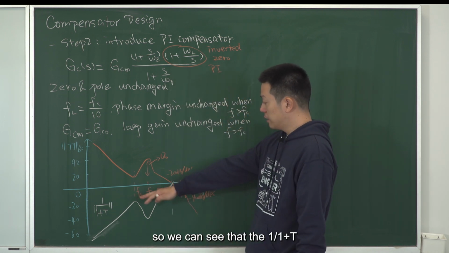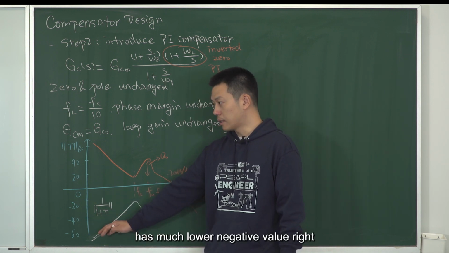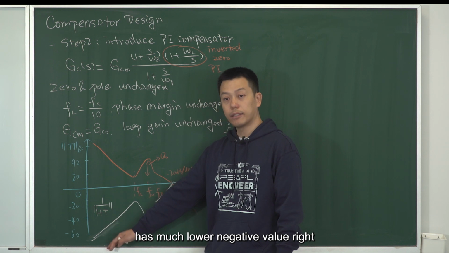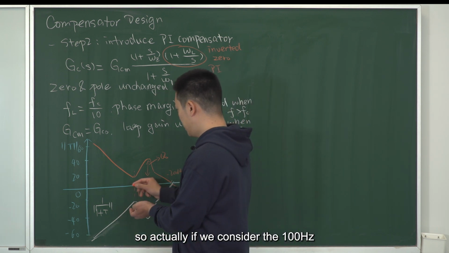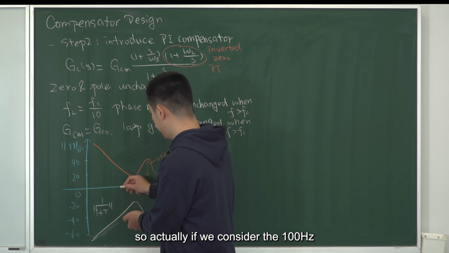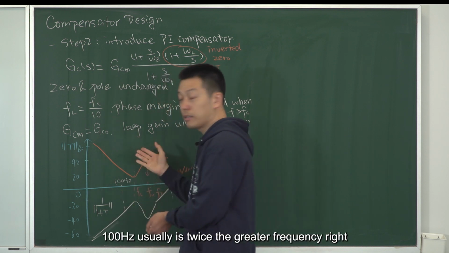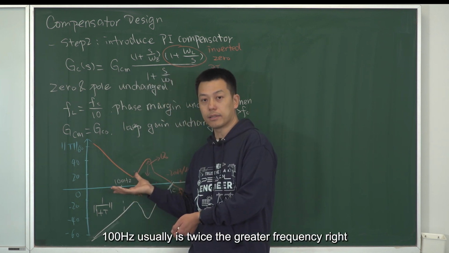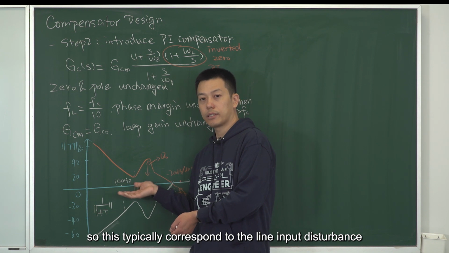So we can see that 1 over 1 plus T has a much lower negative value, right? So actually, if we consider 100 hertz, which is usually twice the grid frequency, this typically corresponds to the line input disturbance.